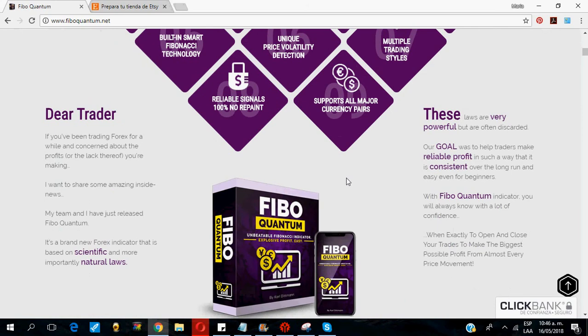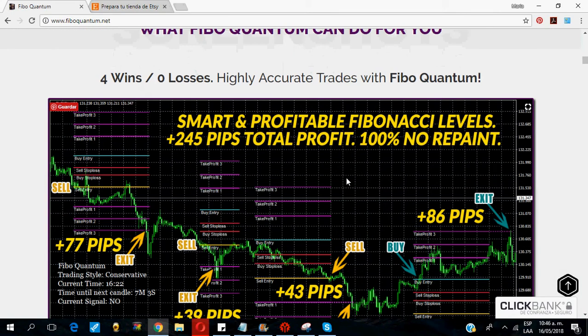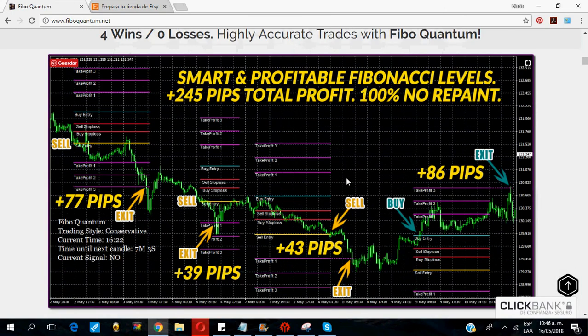Every time there is a new trading opportunity, Fibo Quantum generates a unique set of levels. Each set includes buy, entry level, plus a stop loss and 3 take profit levels, or sell, entry level, plus stop loss and 3 take profit levels. You can see it here in the screenshot.